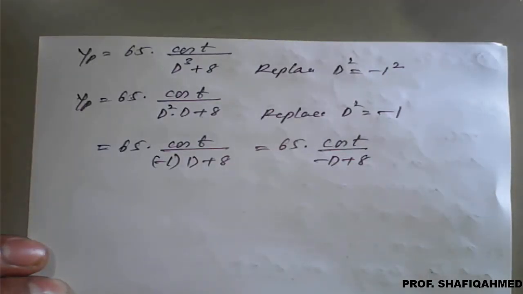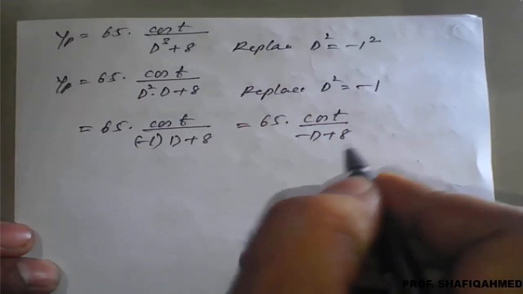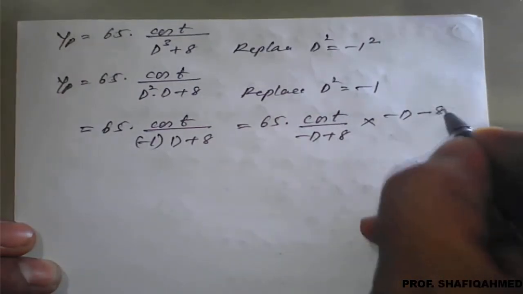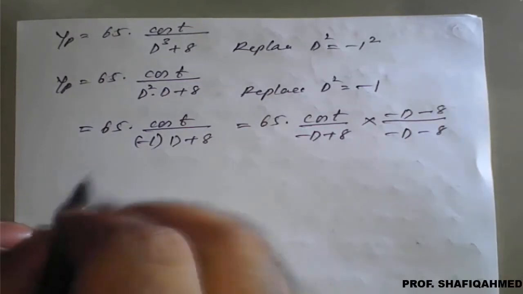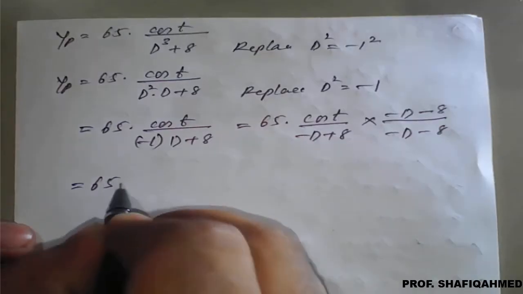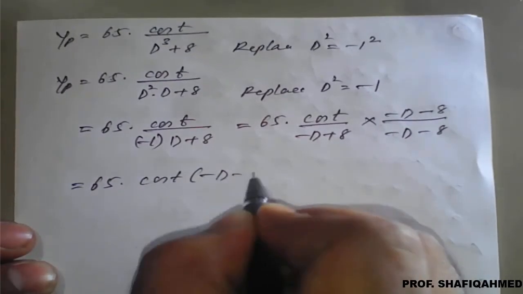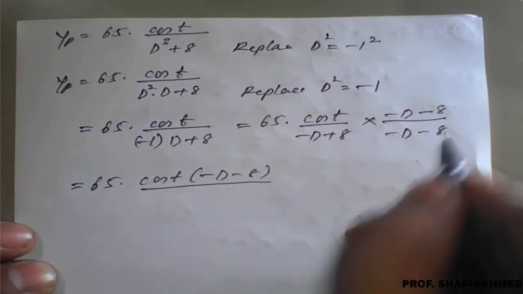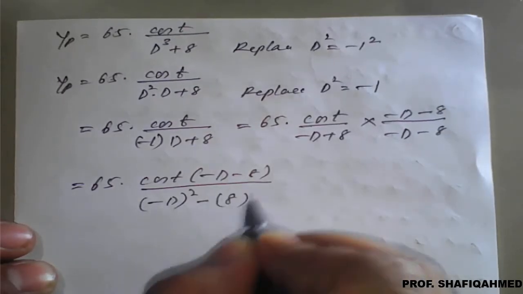So we have to rearrange this. We have to rationalize the denominator to simplify. So multiply by minus D minus 8 divided by minus D minus 8. We take the conjugate, which is 65 into cos t of minus D minus 8, divided by, using a plus b times a minus b, minus D whole square minus 8 square.